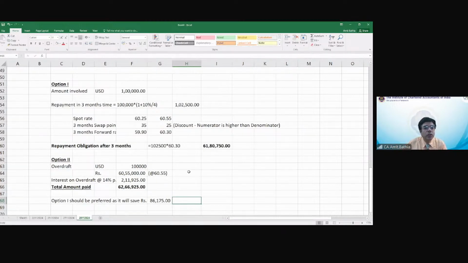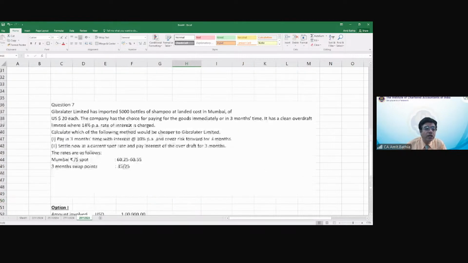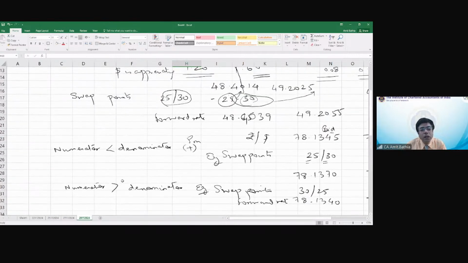So this was a question on leading and lagging, question number 7. And here we learned how to apply the concept of swap points when they are given in numerator upon denominator format. When the numerator is higher than the denominator, it is discount. When the numerator is lower than the denominator, it is premium.